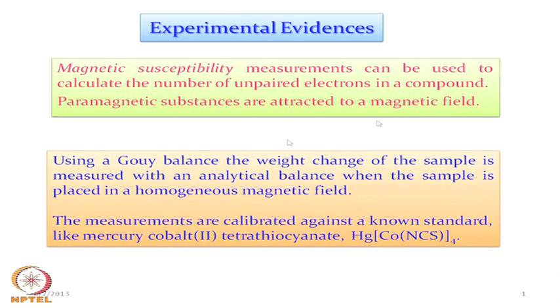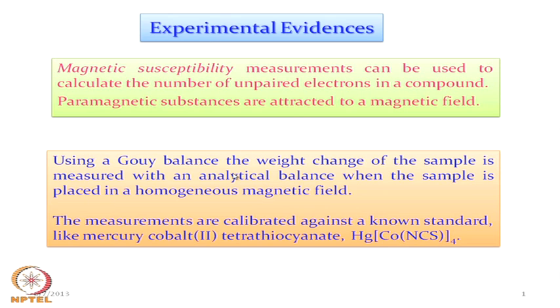So, the first thing we can use is a very simple thing, that is an analytical balance, which is very sensitive, say up to the fifth place of decimal we can measure. That balance can be converted to a Gauss balance, where we use some permanent magnet, and within the magnetic field we place the corresponding sample and we measure the weight.